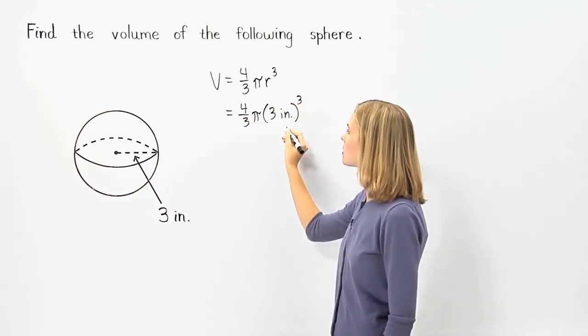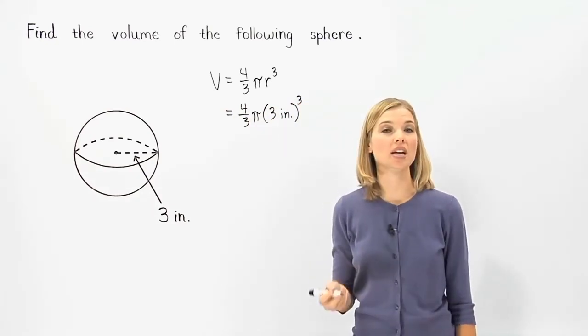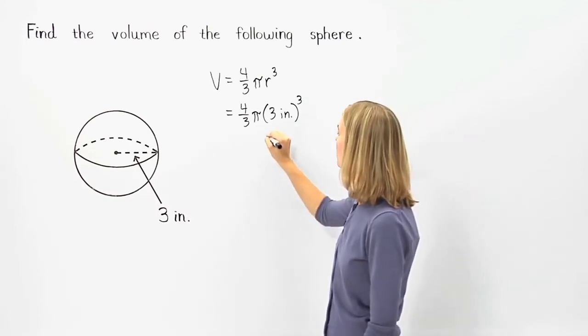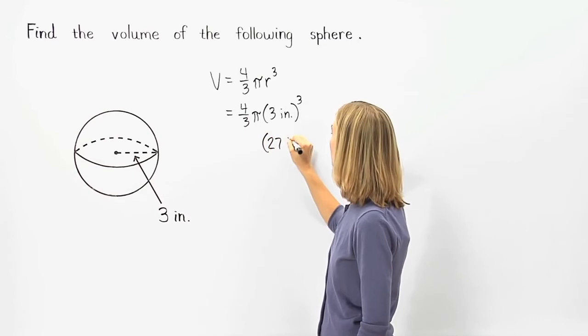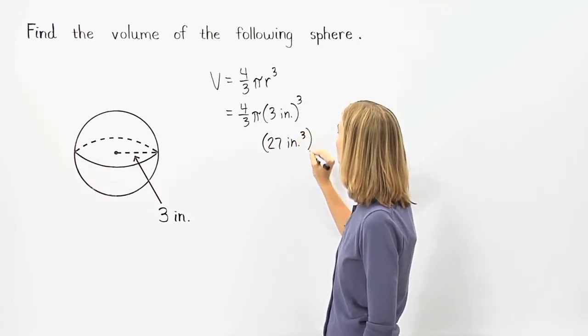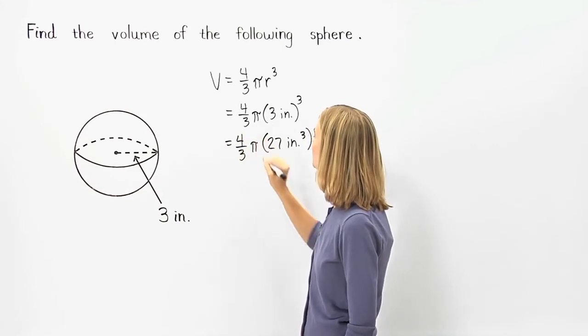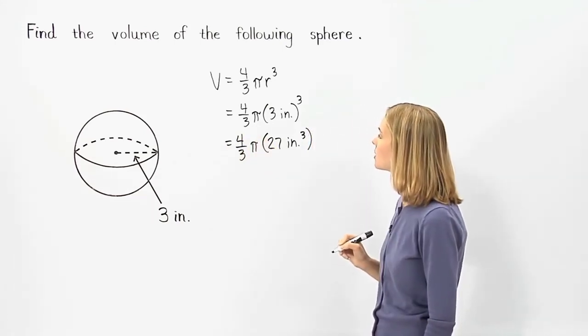Remember that 3 inches cubed is the same thing as 3 inches times 3 inches times 3 inches, which equals 27 inches cubed. And we have 4/3 pi times 27 inches cubed.